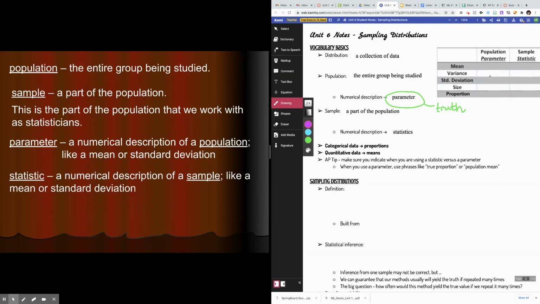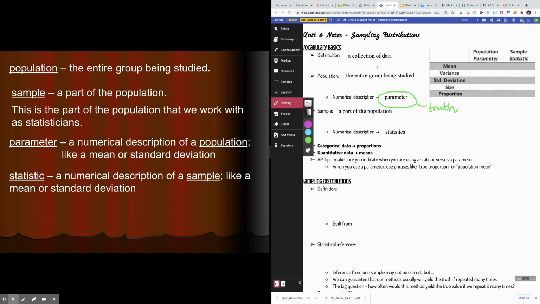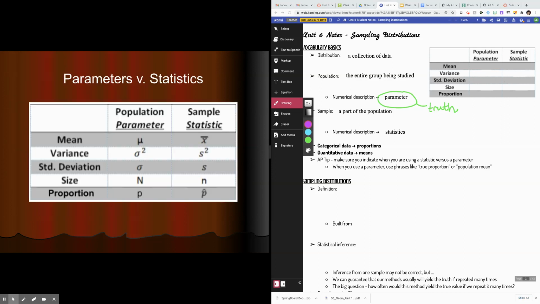I'm hoping that you guys will be able to see this purple color. So just as a reference for you, okay, the table here that I'm filling in for you, on the right hand side of your screen corresponds here to what you see on the left side. Okay, these are just the symbols that we use for parameters versus statistics.